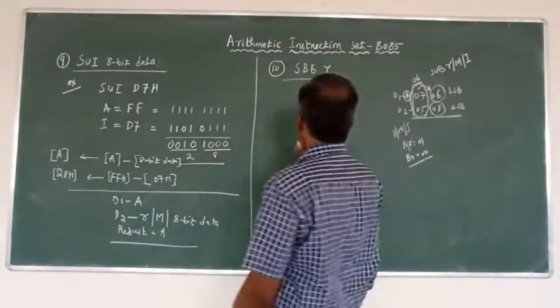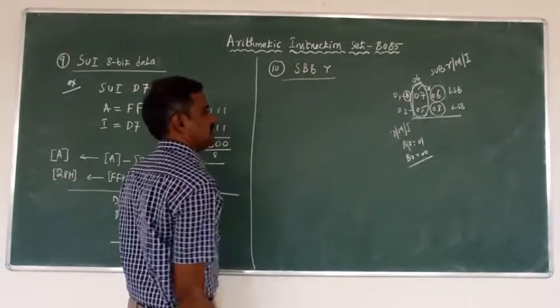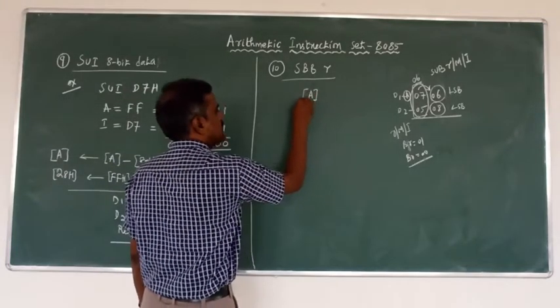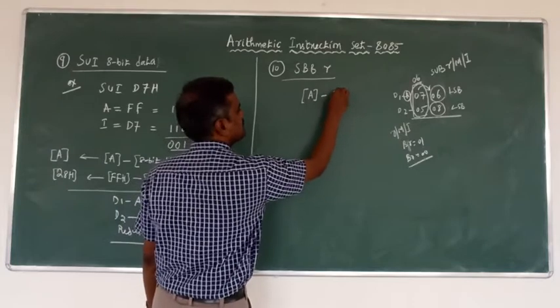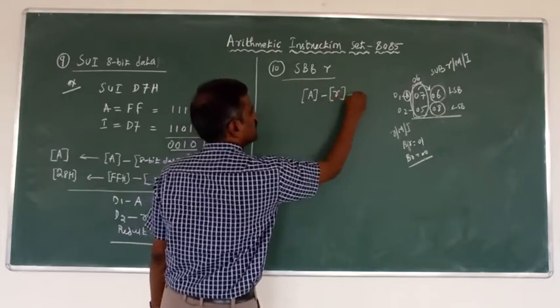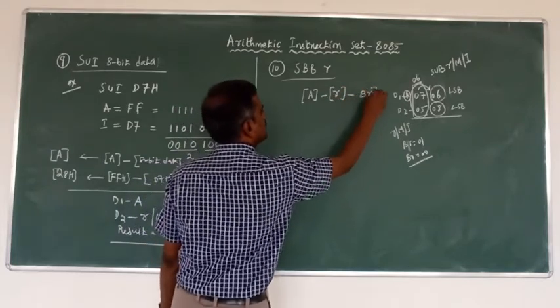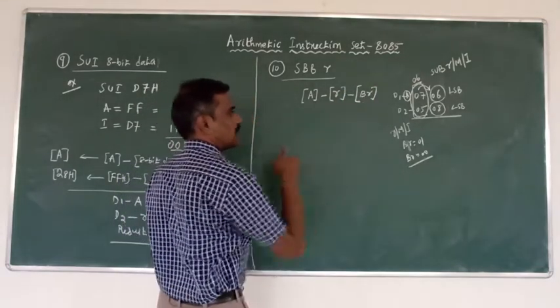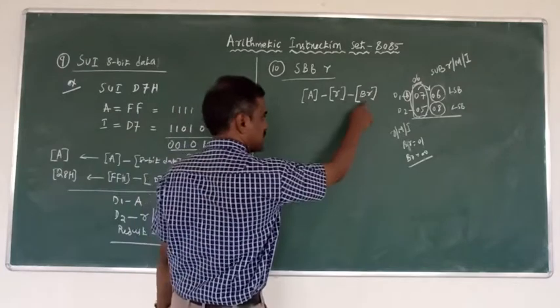Okay. Here SBB means we have to subtract accumulator data minus register data and minus borrow status. If there is any borrow, we subtract with 1, or if no borrow, we subtract with 0.